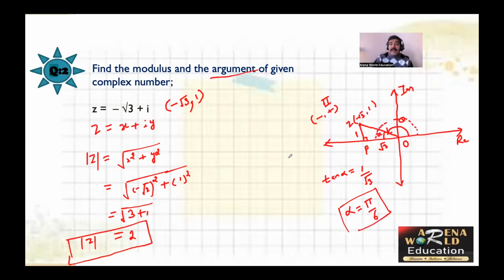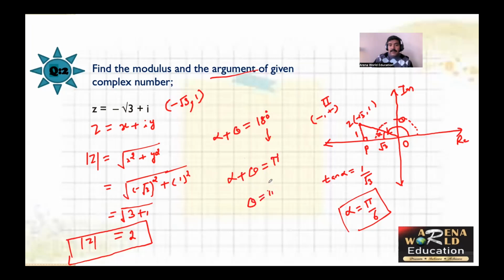Now this is a straight angle, means alpha plus theta is equal to 180 degree, right? But you know, here everything will be in terms of radians, right? So 180 degree means pi radian. And we had already calculated alpha. So theta will be what?